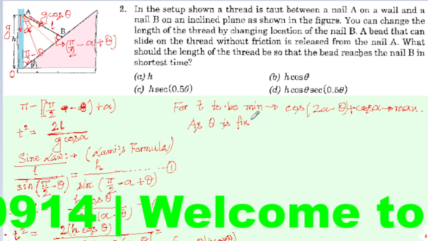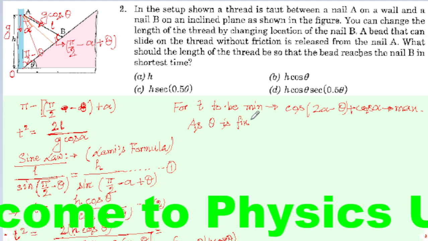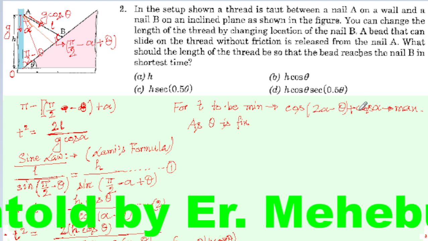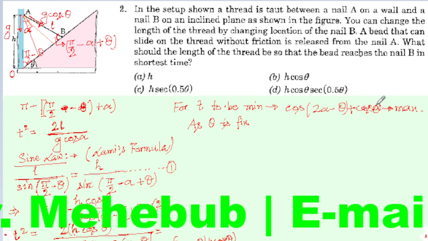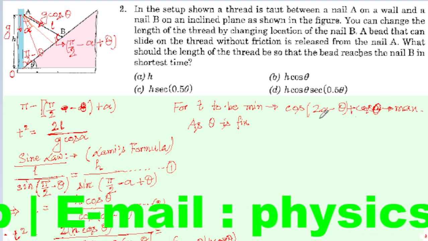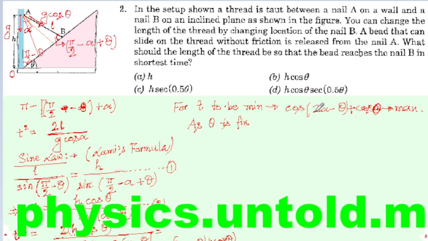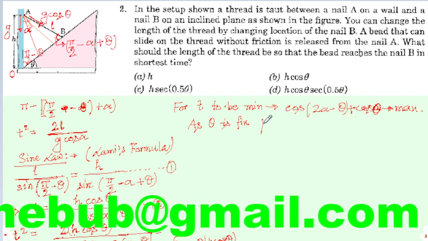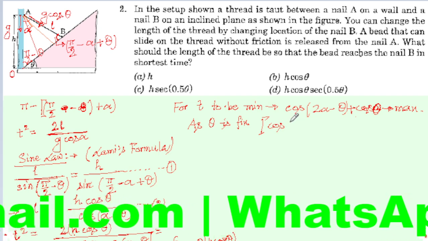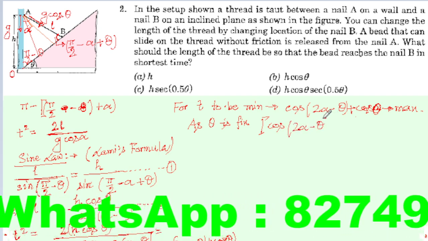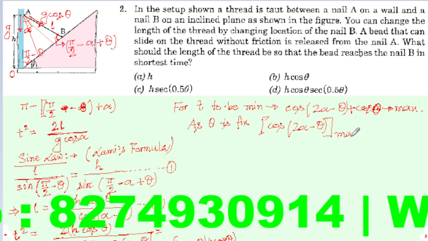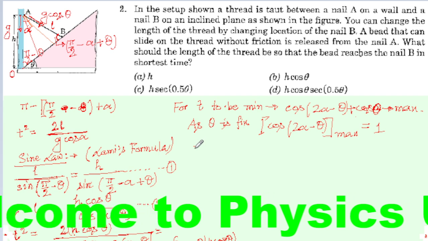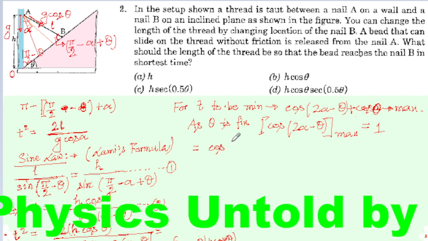So if we want to find the maximum value of this expression cos of 2 alpha minus theta plus cos theta, we have to find the maximum value of cos of 2 alpha minus theta, and we know that its maximum value is equal to 1, which is equal to cos 0.